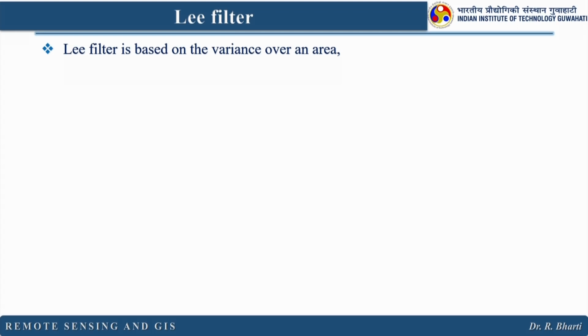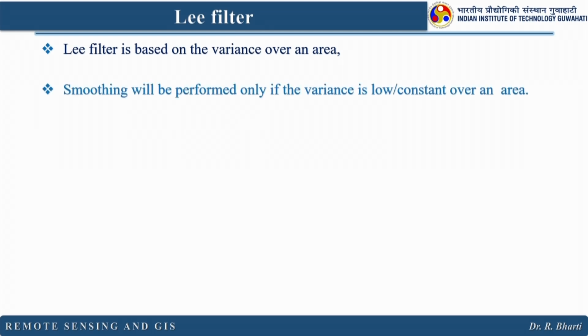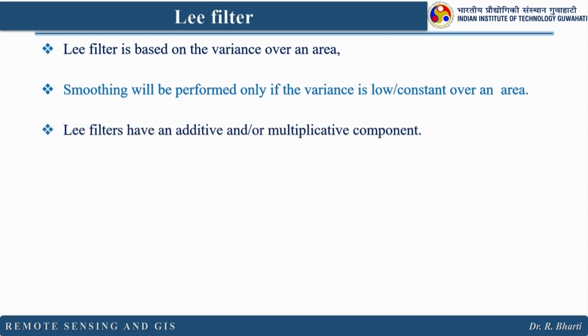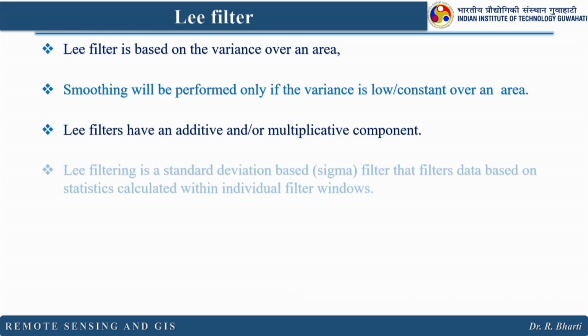So here we are using variance, right. Smoothing will be performed only if the variance is low or constant over an area. Otherwise, this method will not be applied there, right. The Lee filter has an additive and or multiplicative component, so that we will see.